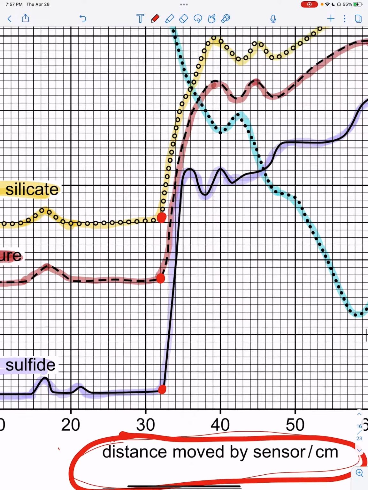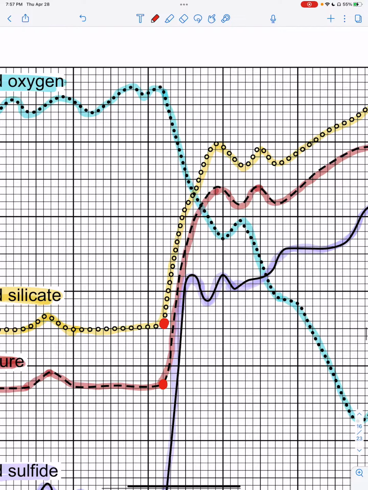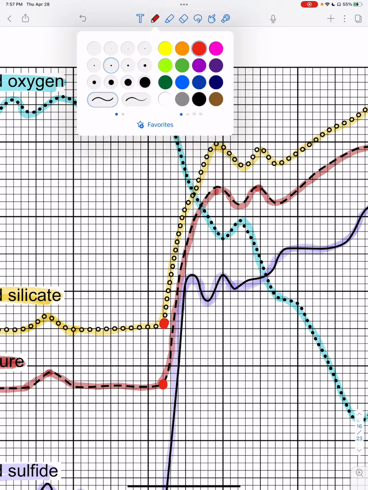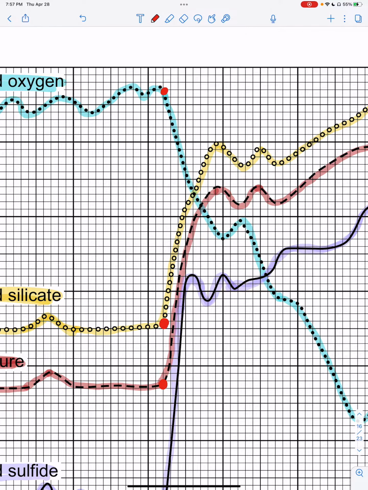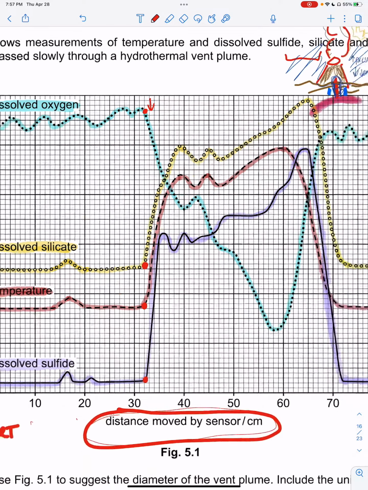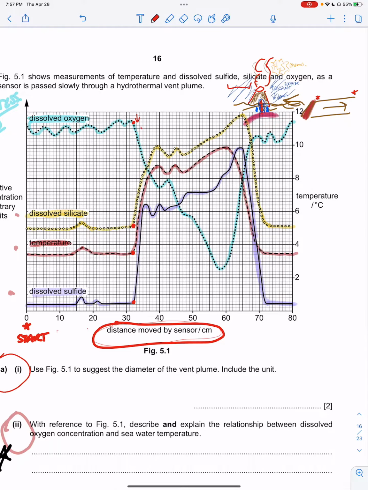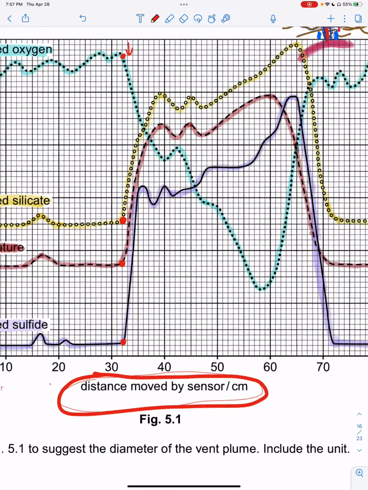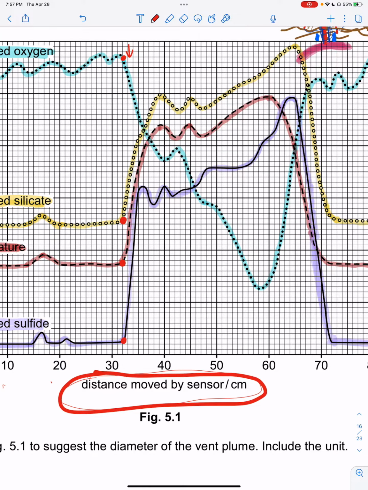Those things come out of the vent plume. And that's coincidentally when you see oxygen start to rapidly decrease, because of that temperature change, and it was so hot, the oxygen cannot stay in solution. So it rapidly falls. That's going to be where the vent plume starts.